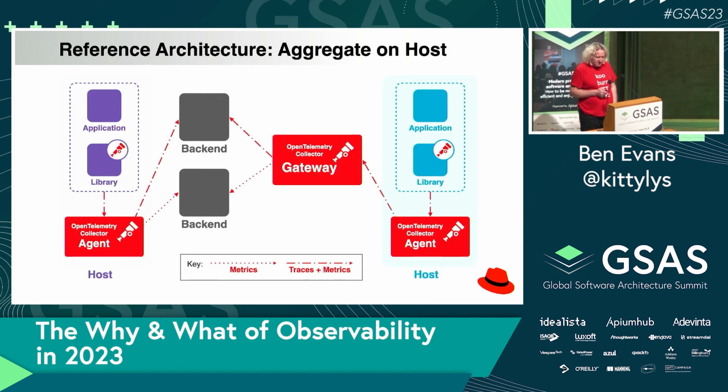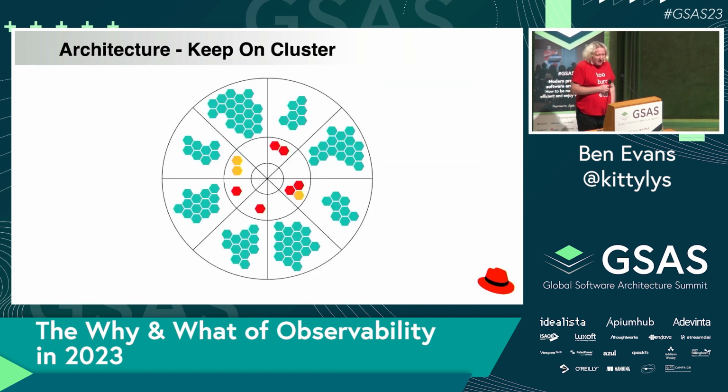Skip forward. So this is aggregate on host, and this basically shows an example which uses open telemetry to gateway and send data into various backends that we have. You can do things like keep it on cluster, which is possible. There's a nice technology called eBPF, which is a kernel-based technology, which I quite like, but the problem with it is it generates vast amounts of data.